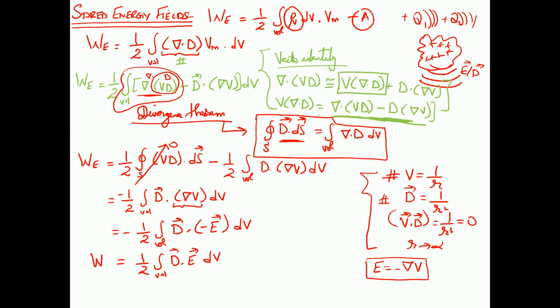So this is the equation we are getting for the energy, where we can see that the energy stored can be represented in the form of field lines, where the field lines are electric flux density D and electric field intensity E. We can further simplify it if you want, so that it can be represented as 1 by 2 epsilon E square dV.